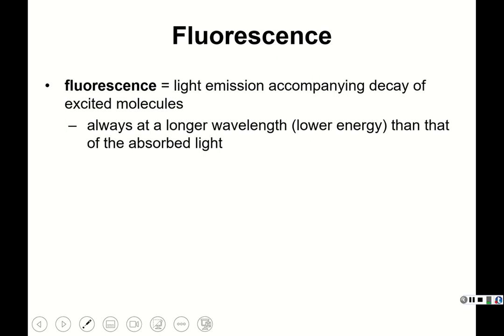So if it was exactly conserved, you'd be releasing the same wavelength or energy of light that you absorbed. But in the real world, that's very rare. There's always going to be some losses, and those losses are primarily due to vibrational energy levels within that molecule. So you're always going to release a lower energy of light than you absorbed.